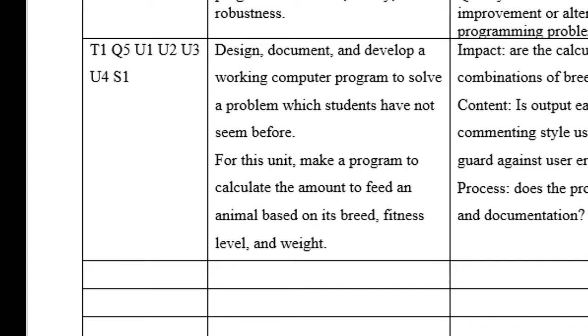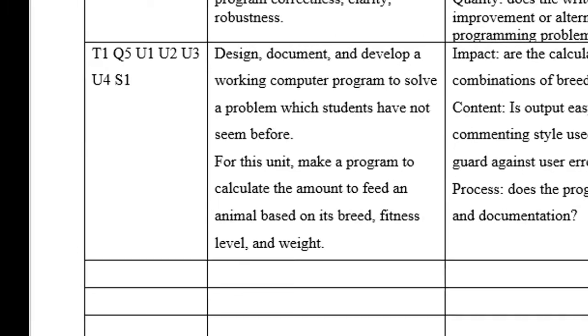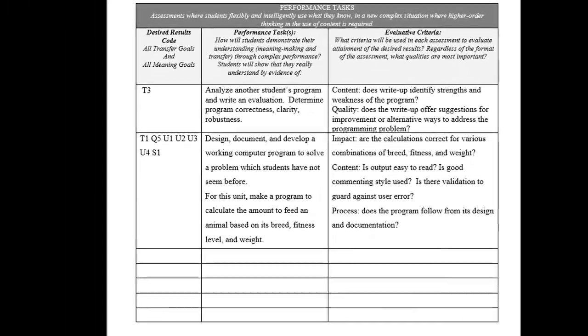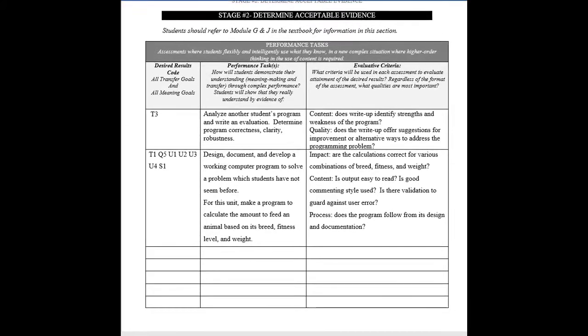This is a good way to demonstrate the transfer skills, applying them in a new situation, in this case, feeding animals. Again, the instructor will have to decide upon the correctness. There's not right and wrong answers here so much. Yes, the calculations could be wrong, but the way that you go about arriving at those calculations can be varied and will require good application of the transfer skills and understandings.